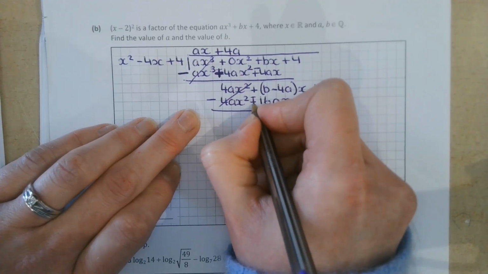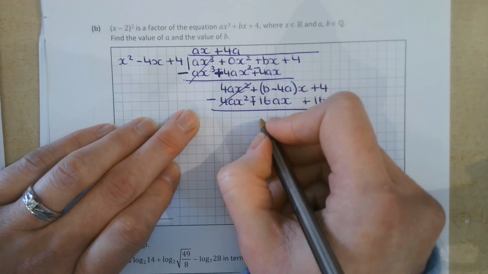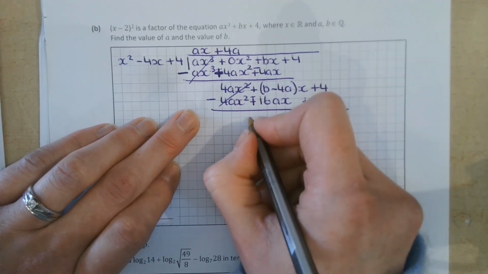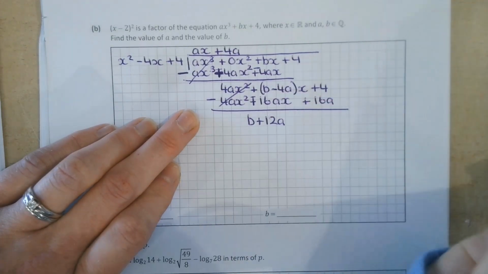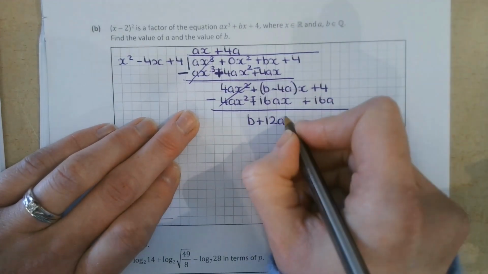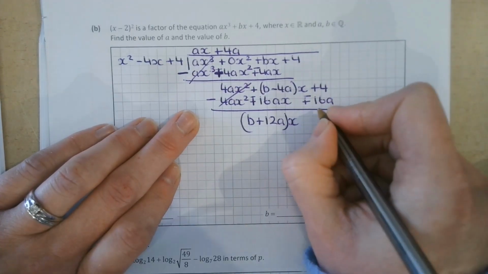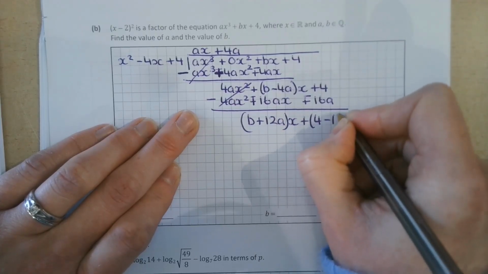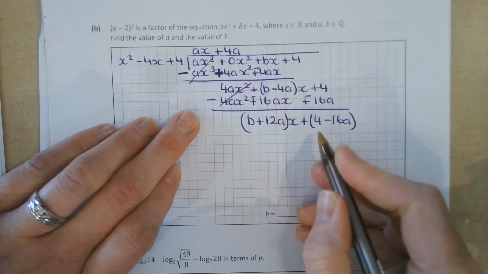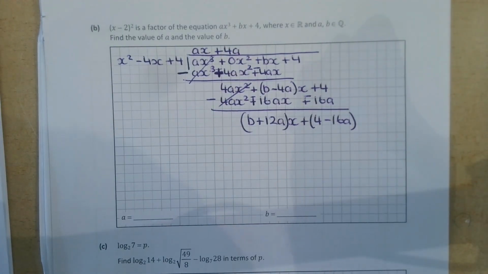Double negative here makes that a positive, so we add those together and end up with plus 12a, so minus 4a plus the 16a is our x coefficient. And we take away here as well, so we end up with 4 minus 16a. We can't actually take those away, obviously, because we have a number and then an a term as well, so we just treat it like that.